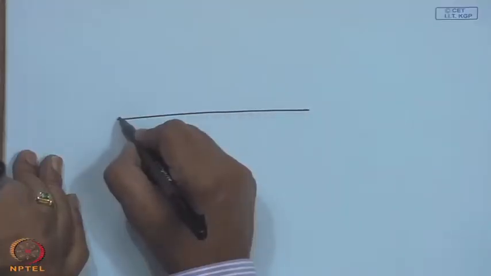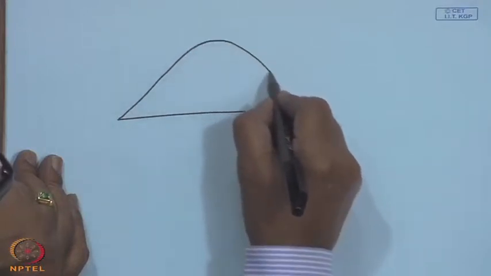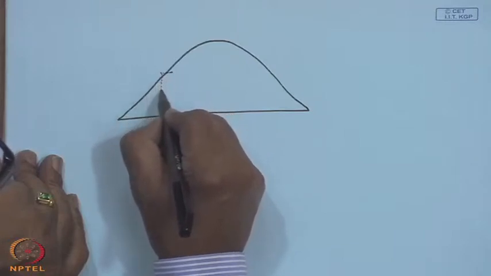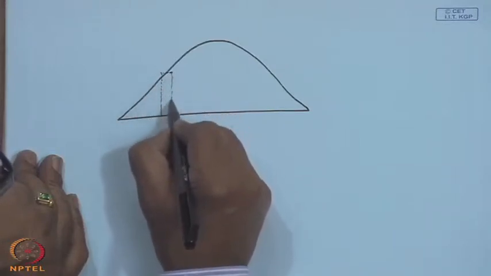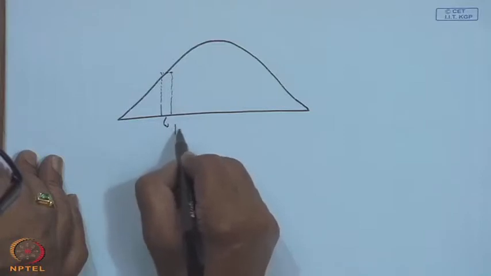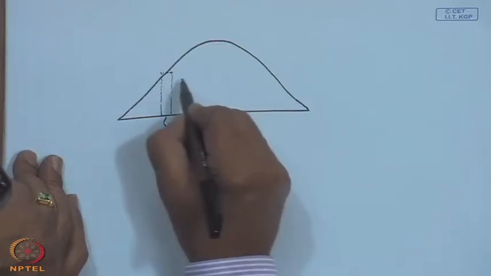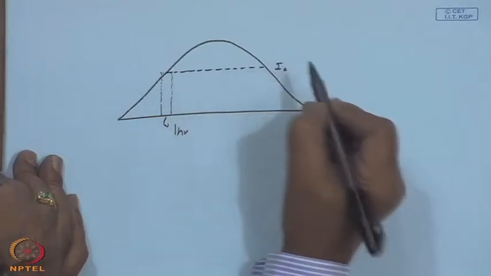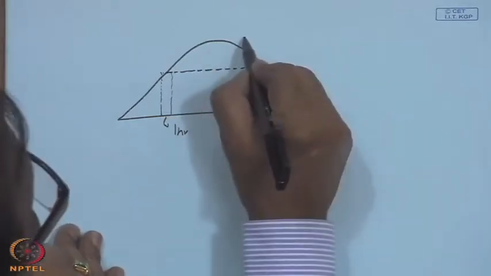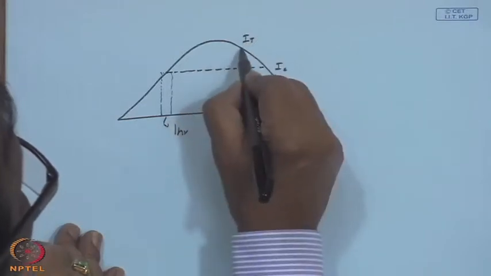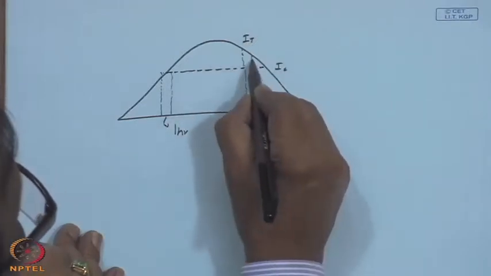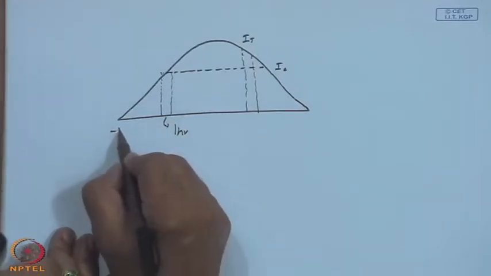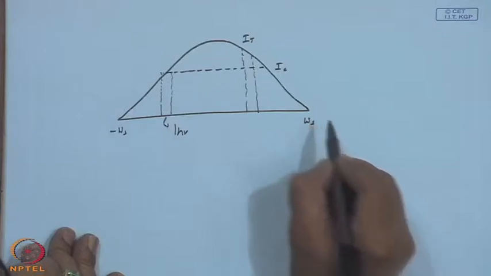So, with reference to the previous diagram, what we really calculated is maybe something like this. This is 1 hour and this is continued, and that is what I am calling I c, or else this is I t. I t is each hourly interval, from minus omega s to plus omega s.